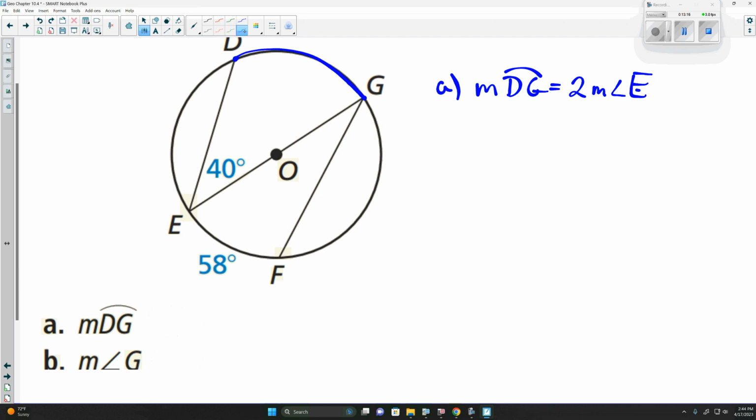Actually since it doesn't share, we can say E, because we wouldn't consider DEF an angle because of the curved side. So what is the measure of angle E? 40. So the measure of arc DG is 80 degrees.